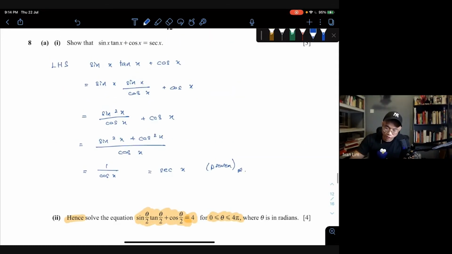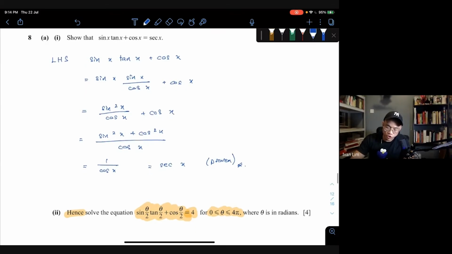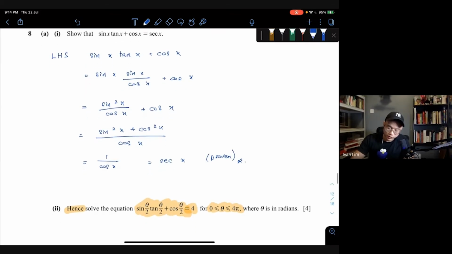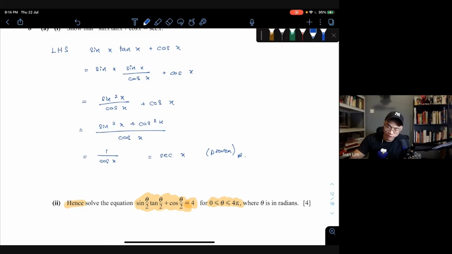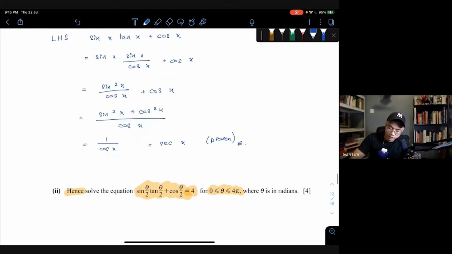Just now on top, we found sine x tangent x plus cos x equals secant x. So this is in the same form, where your x now is theta over 2. Sine theta over 2 tangent theta over 2 plus cos theta over 2 we can write as secant theta over 2 equals 4.